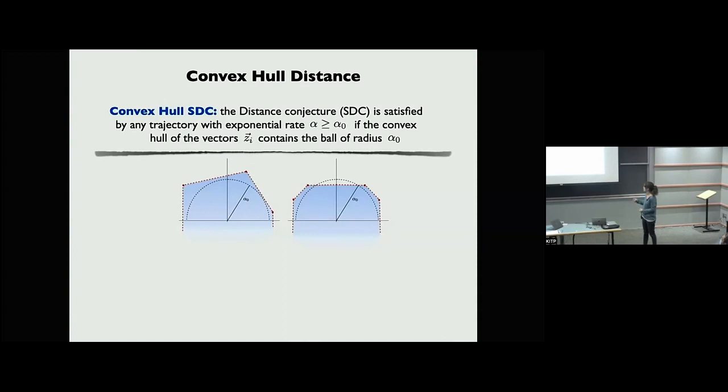Okay. And this is because the larger the exponential rate, the faster the tower decays. So the convex hull is taking into account the leading towers. Okay, everything that is heavier will be inside.